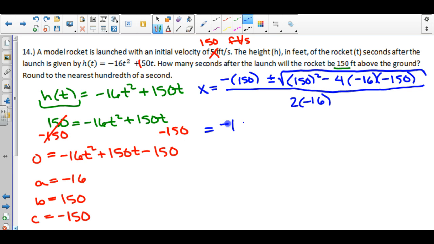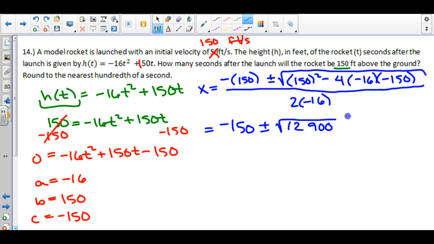So that's negative 150 plus minus the square root, and I'm going to throw that in my calculator as 150 squared minus 4 times negative 16 times negative 150. And inside this, I get 12,900.